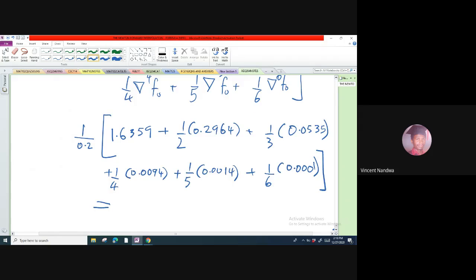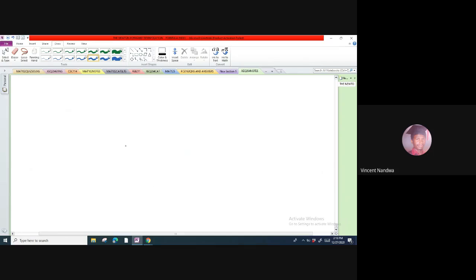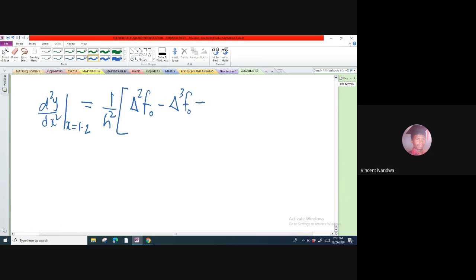And then for the second case, we have d squared y/dx squared at x equals 1.2. So remember the formula is 1 over h squared into the second difference minus the third plus 11 over 12 of the fourth and then minus 5 over 6 of the fifth.